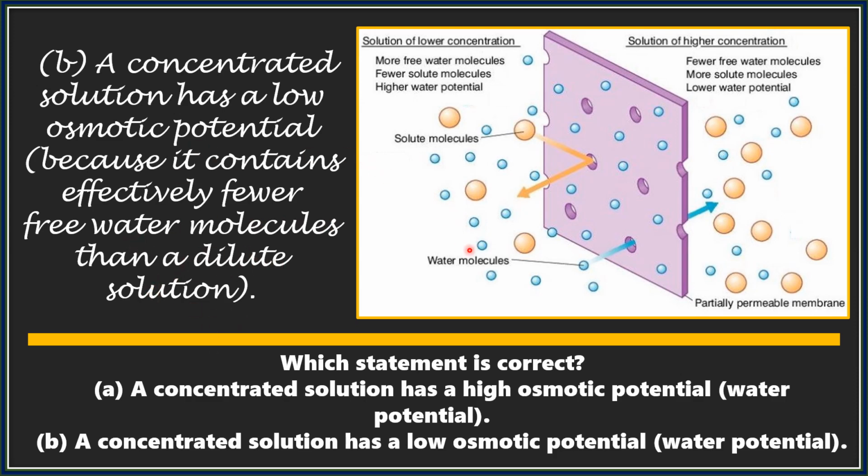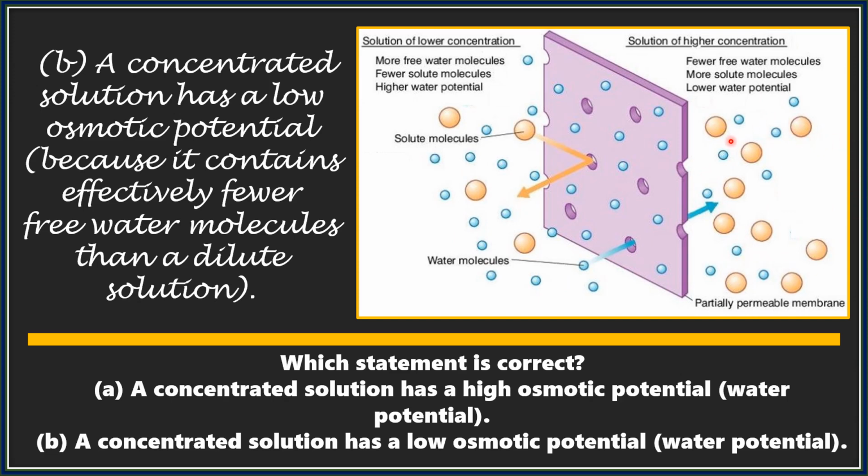So when we go back to our diagram here, we saw that we have few solutes this side, and we have more solutes the other side. Where we have few solutes, we have a lot of water molecules, which means that this side is a dilute solution. And the other side, where we have a lot of solute particles, the solution is concentrated.